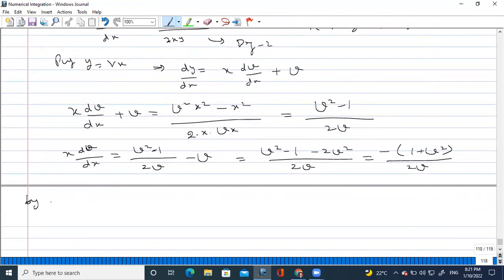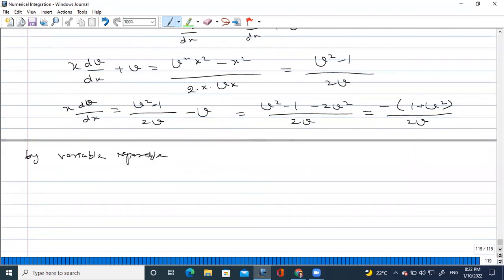Now here by variable separable, everything will come here. It will become 2v by 1 plus v square into dv will be equal to minus of 1 by x dx.